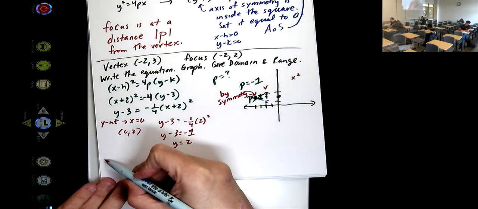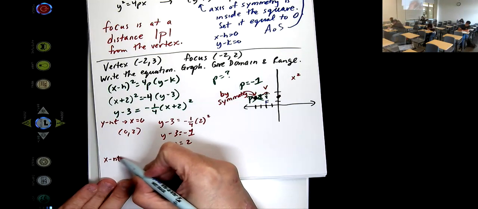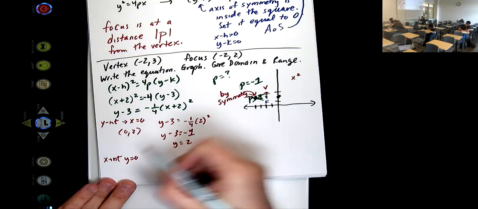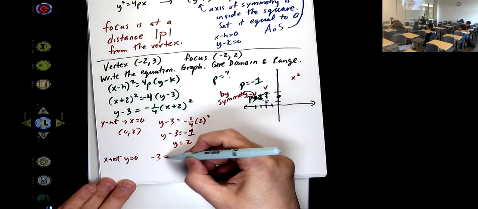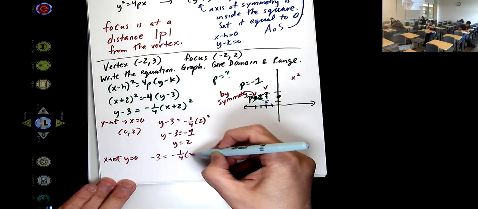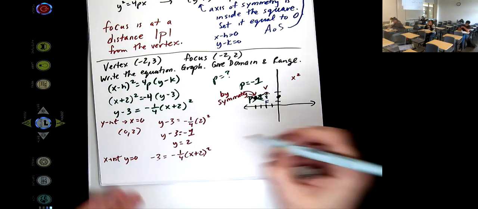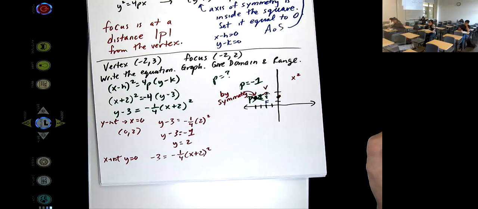And we should find our x-intercepts when y equals 0. I have -3 equals -1/4 times (x plus 2) squared. This is going to be messy.